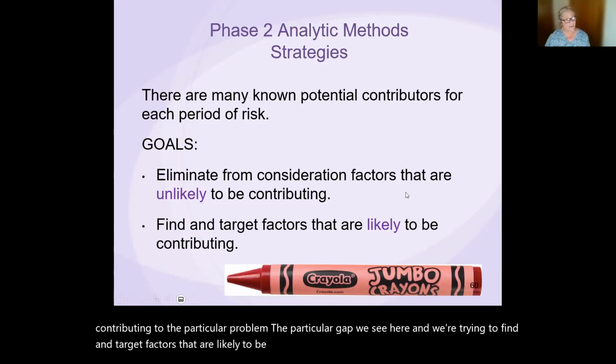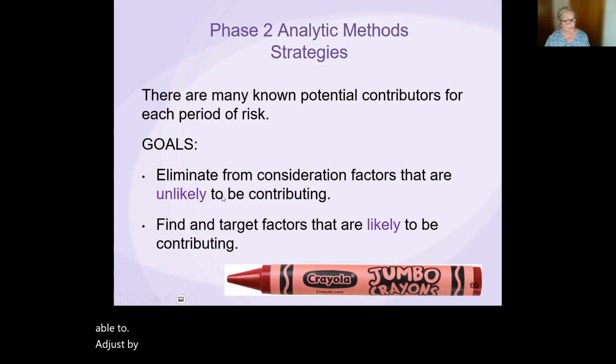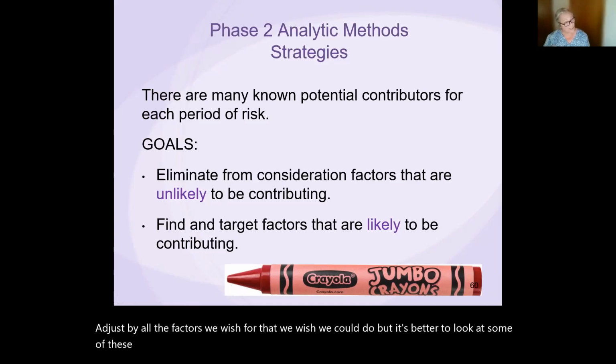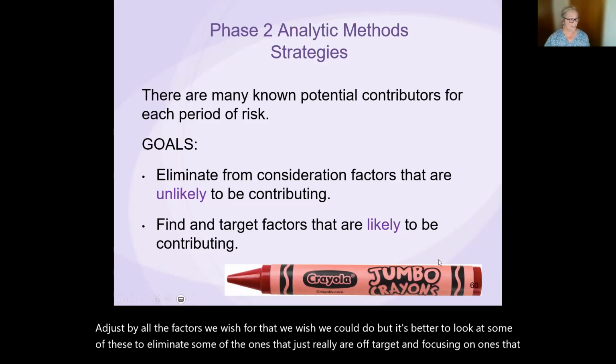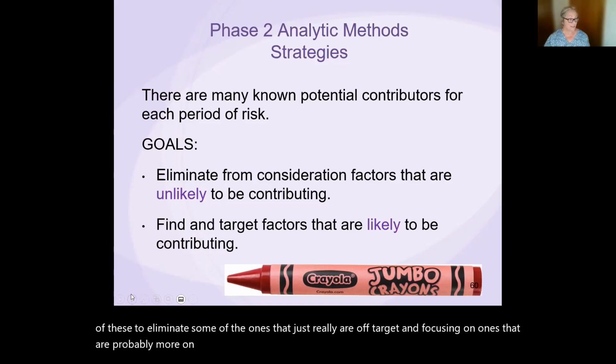We may not know the exact effect sizes. We may not be able to adjust by all the factors we wish we could, but it's better to look at some of these to eliminate some of the ones that just really are off target and focus in on ones that are probably more on target. So think fat crayon, think it's better than nothing, but it's not precision.